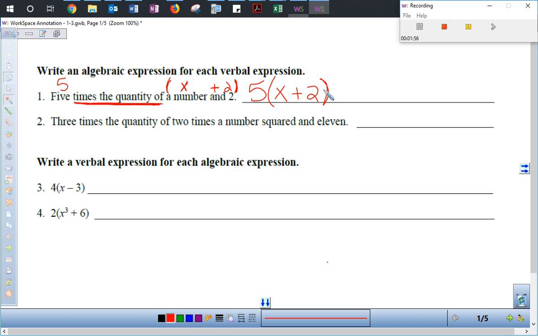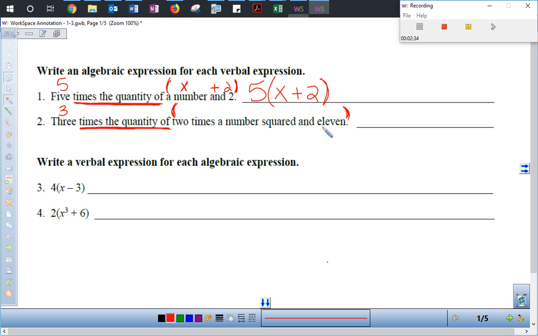Let's try number 2. 3 times the quantity of 2 times a number squared and 11. So again, we have this phrase, times the quantity of. Whatever comes before that phrase is going to be multiplied by it, and whatever comes after that phrase is going to be in parentheses.